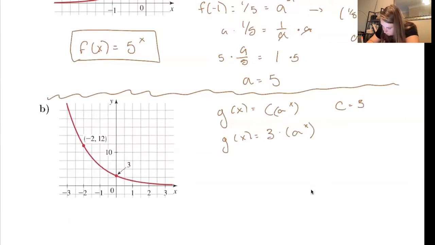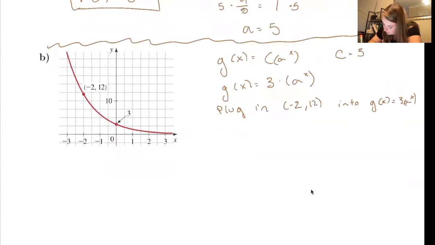So now I'm going to plug in -2, 12 into g of x equals 3 a to the x. So that's going to tell me that 12 equals 3 times a to the -2.